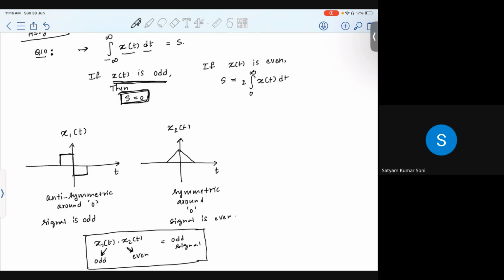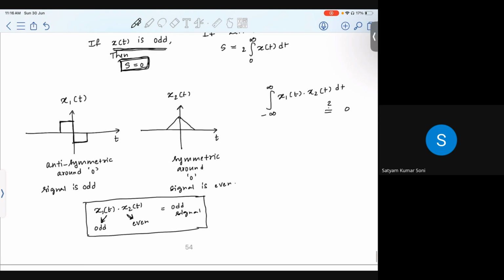Now for the orthogonality, since these two signals are real signals, we have to check whether the integral from minus infinity to infinity of x1 of t times x2 of t dt is equal to 0. If it is equal to 0, then the given signals are orthogonal. If it is not equal to 0, then they are not orthogonal.